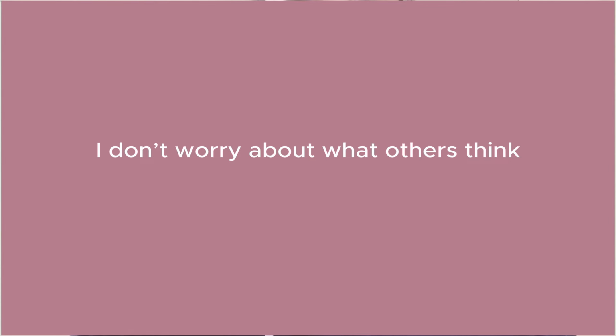So I use the preposition about and now what others think. Again, you have the conjunction, you have your subject, you have your verb. This whole thing is now the object of about. About what? About what others think. This whole thing is a complement to the sentence.